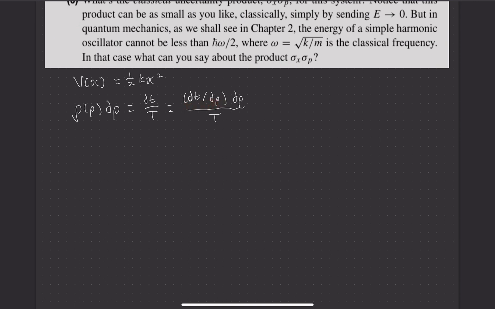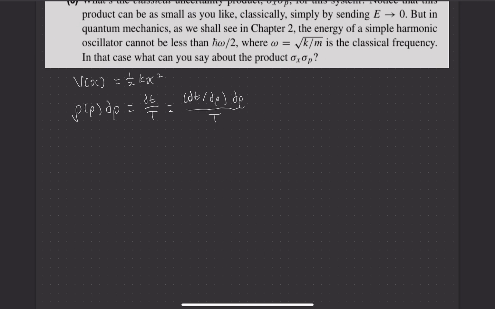So for some dp's, you might have a very small amount of dt, which means for this dp, you have a very small amount of time. So that means you have a very low probability. But for other dp's, you might have a lot of dt's per dp. You might have a lot of time for that dp, making it a higher probability.